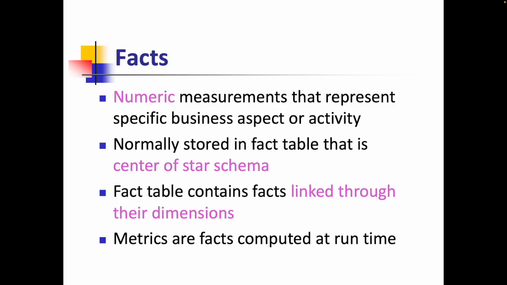And so all of them are connected to the fact table. Can you tell me what is the relationship between the dimension tables and fact table? Is it one-to-one, one-to-many, or many-to-many? One-to-many, right? Why? How is it one-to-many?